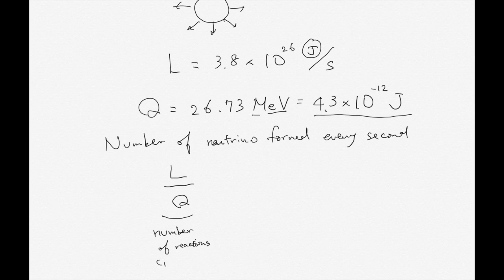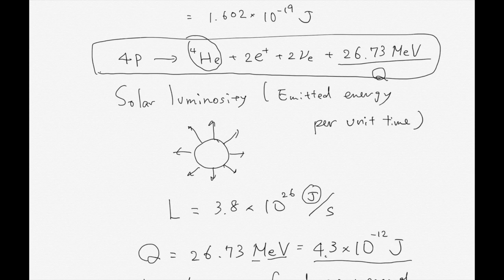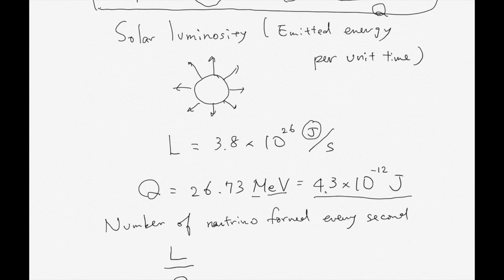This is the number of net pp chain reactions happening. And if you remember the equation, every reaction produces 2 neutrinos. Then you have to multiply by 2 to find how many neutrinos are actually produced every second.